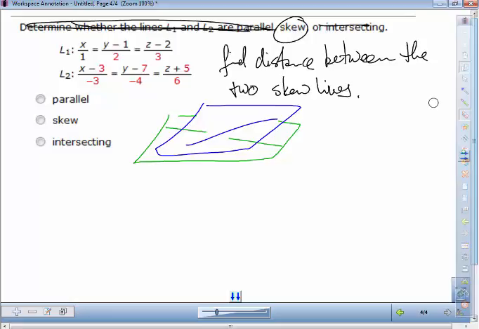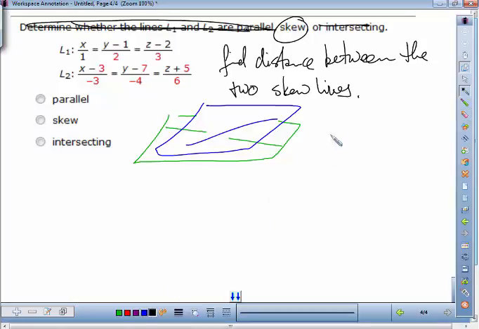Really what we need to do is find one of those planes, and then we need a point on the other plane. Yeah, there's only two planes that are parallel to each other. You can't find any other planes, because if you find any other planes, it'll intersect. Try rotating one of the planes around the axis of the line, and you'll see that eventually it'll be intersecting.